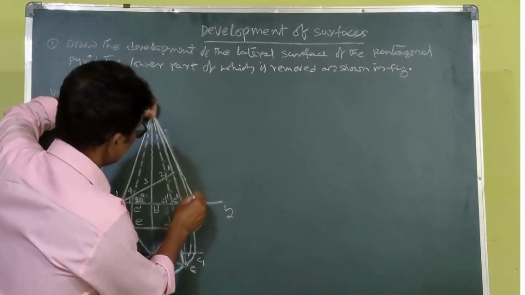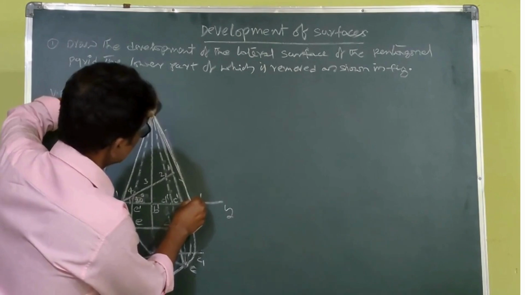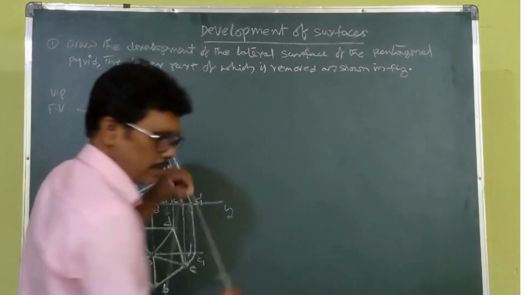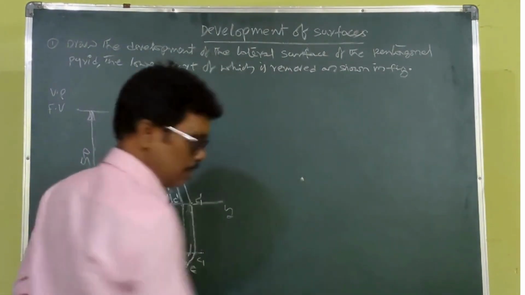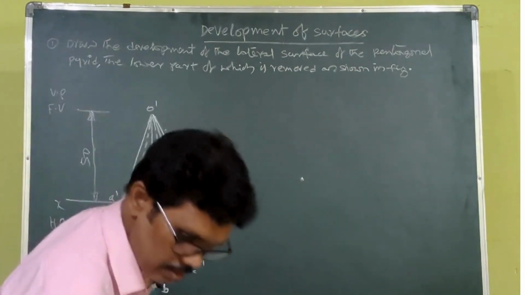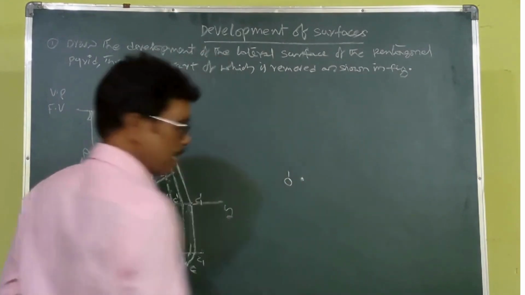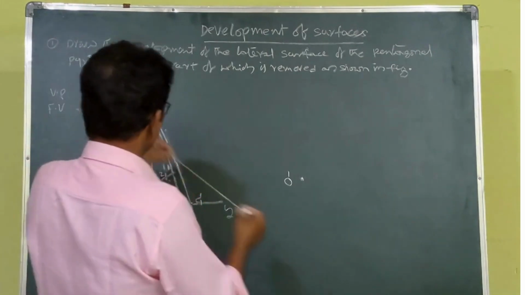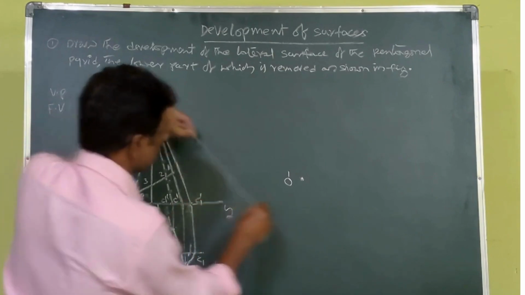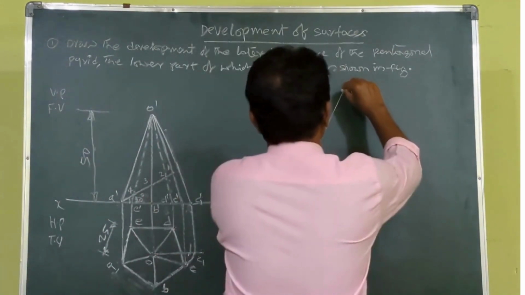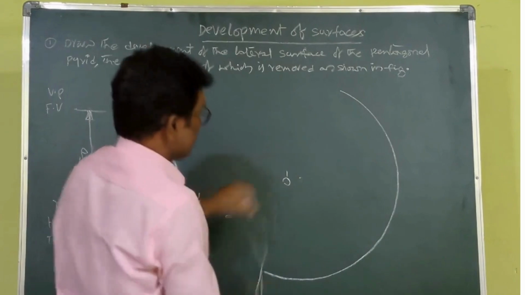Once you find that true length, you simply take this O dash C1 dash as a radius. Take a point somewhere else, this is O. With O as a center, you draw the arc like this.